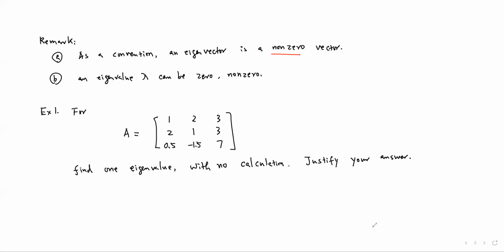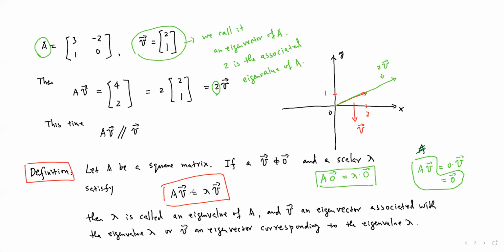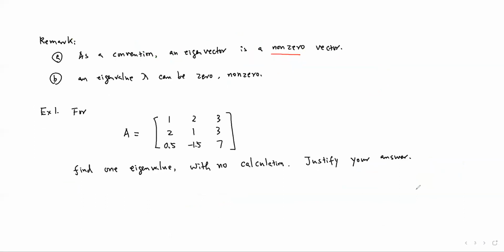Now it means that we go back to the definition. Find one eigenvalue. That means find a number lambda and a non-zero vector so that this equation is true. Then when this equation is true, lambda is the eigenvalue and the vector is the eigenvector. Now let me try to find a vector solution.